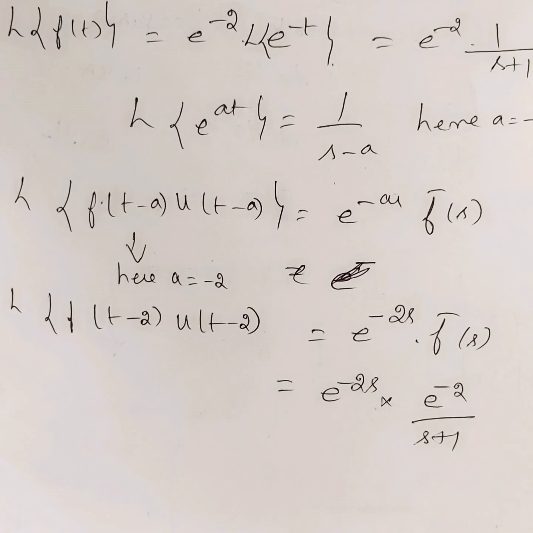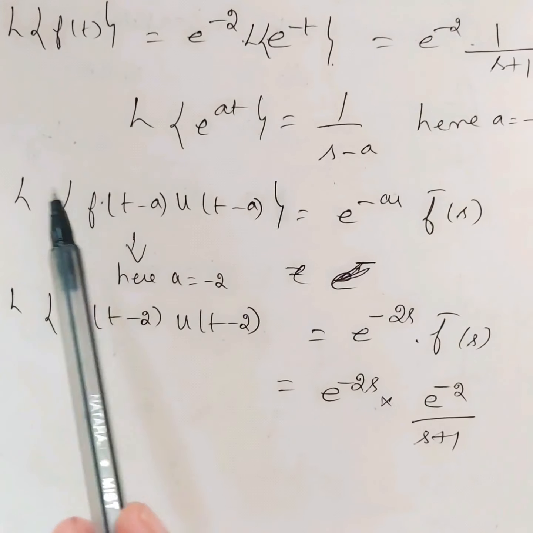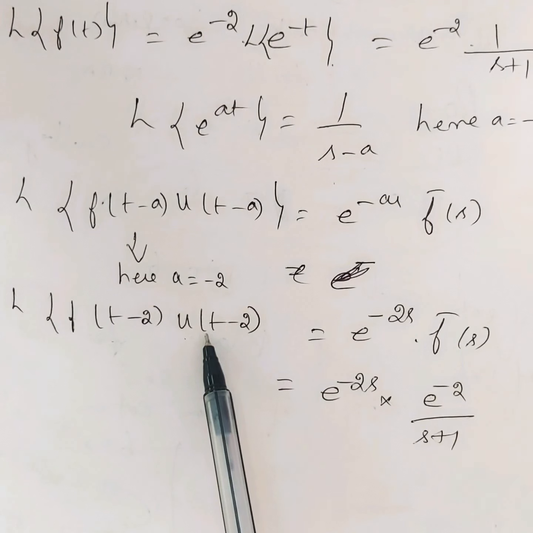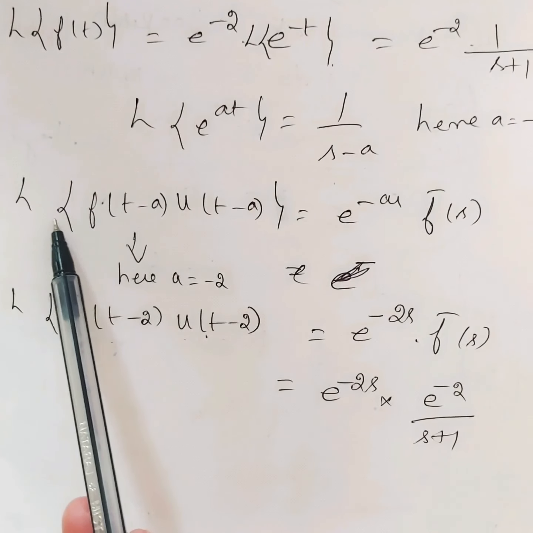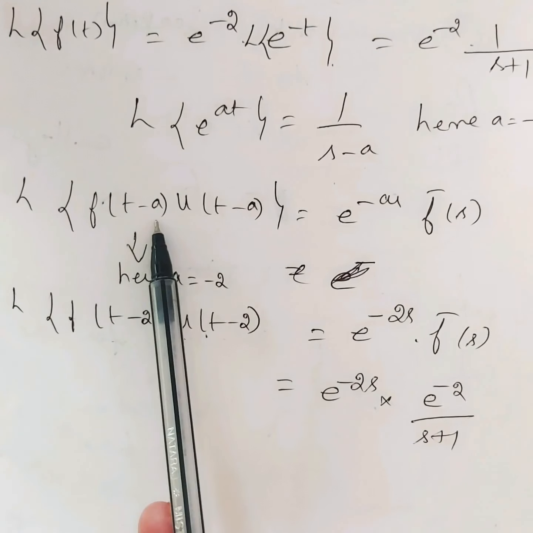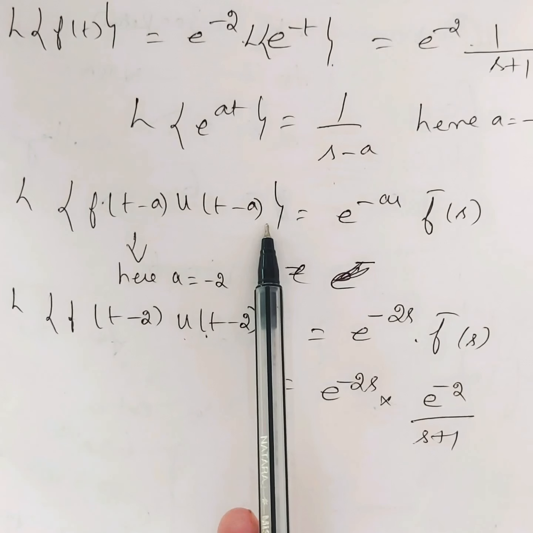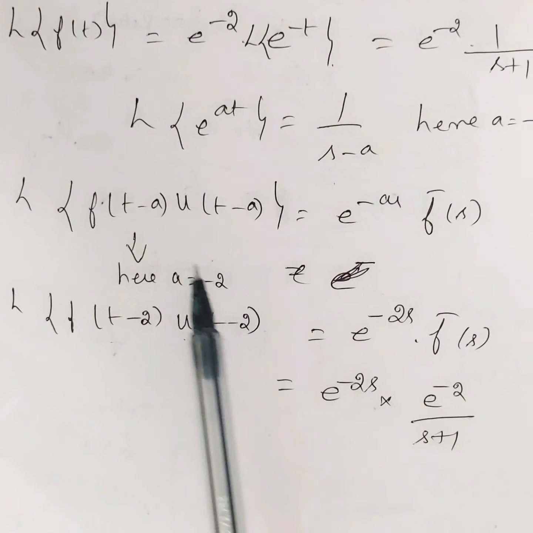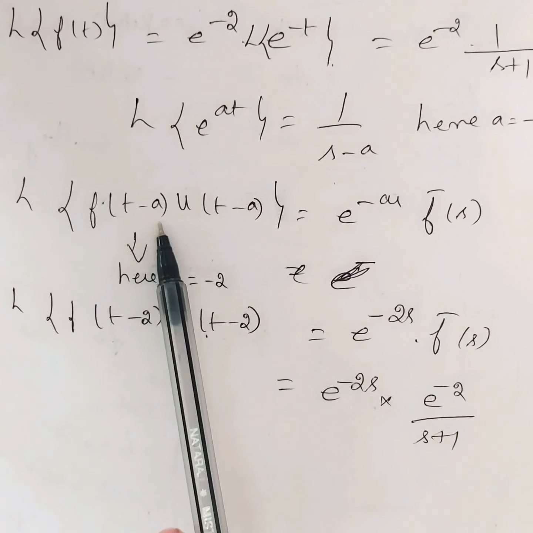Now we are going to find this Laplace of f of t minus 2 into u of t minus 2. You are going to compare it with the general formula. What is the general formula? Laplace of f of t minus a into u of t minus a is equal to e power minus as into f bar of s. Now again you are going to compare from here and here.